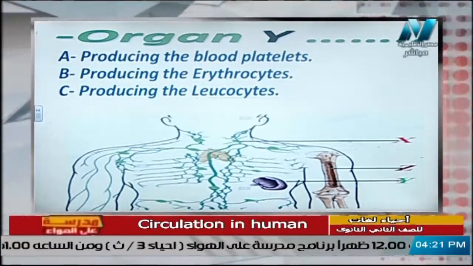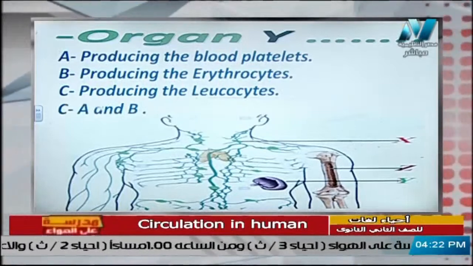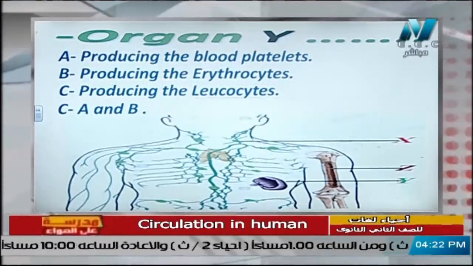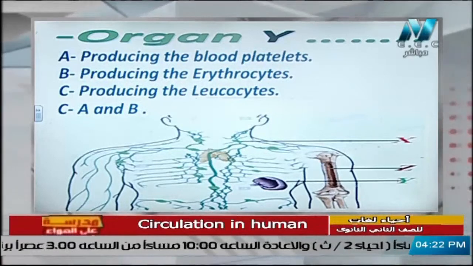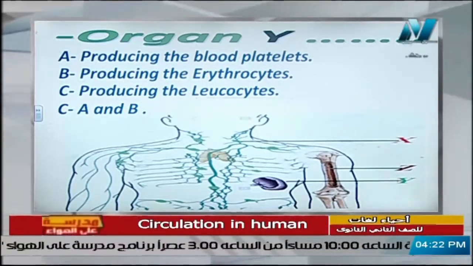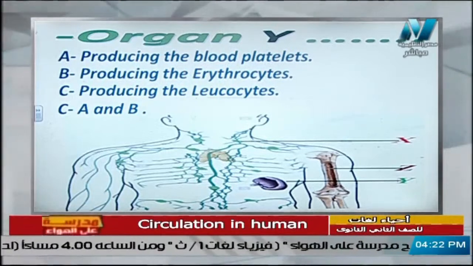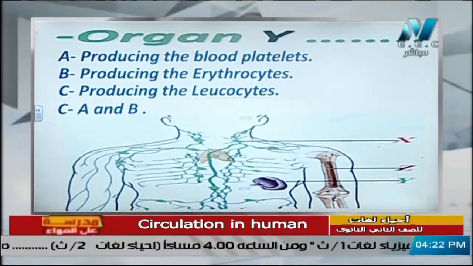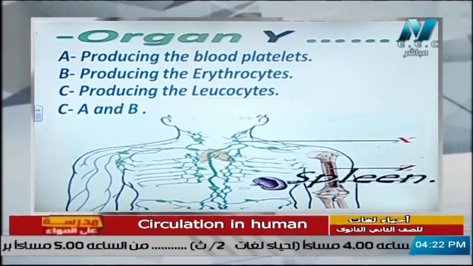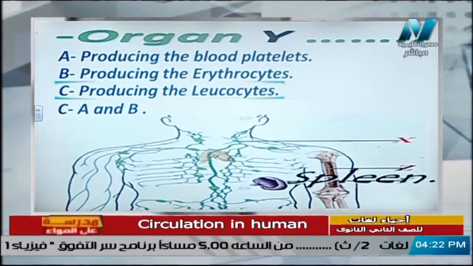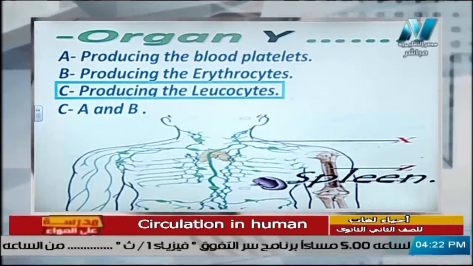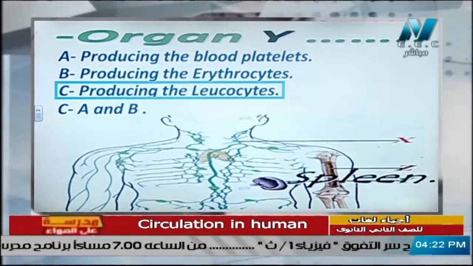Number D is A and B. طبعا we know the spleen is the most important organ in the lymphatic system because it produces the leukocytes or white blood cells.